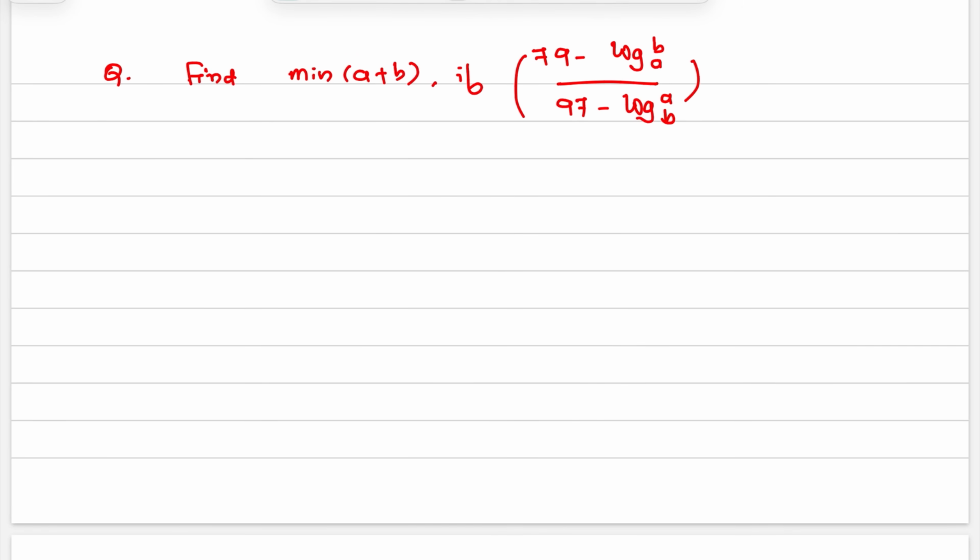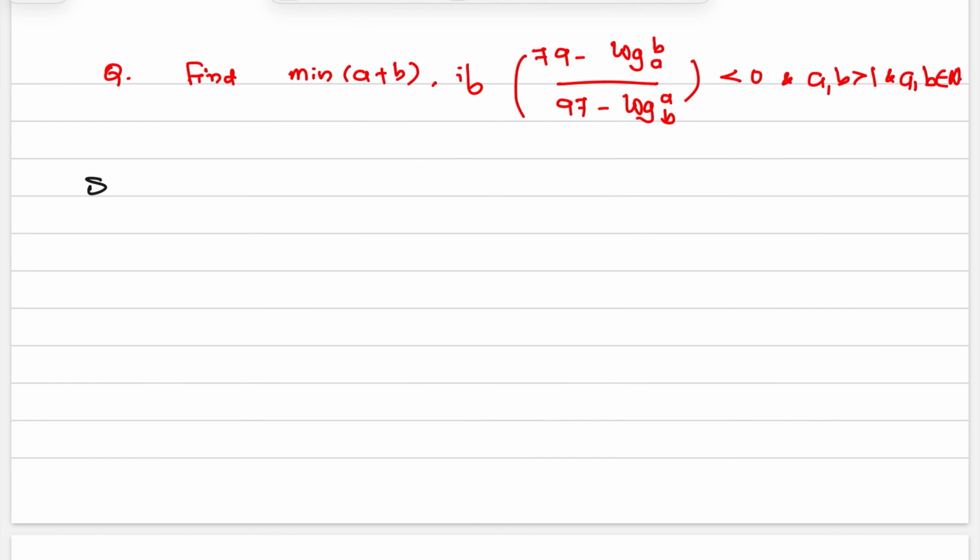What is the problem given here? Find the minimum value of a plus b if (79 minus logarithm b to the base a) whole divided by (97 minus logarithm a to the base b) is less than 0, and a, b greater than 1, and a, b belong to N, the set of natural numbers.